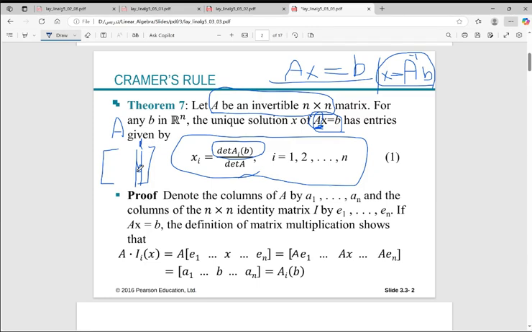So AiB is the same as A, but its column i is replaced by B. So this theorem, theorem 7, which is known as Cramer's rule, says that xi, the entry i of x, equals determinant of AiB over determinant of A. Is it clear to you?